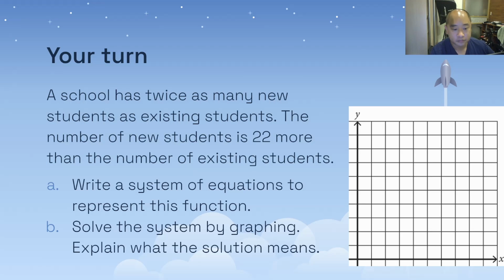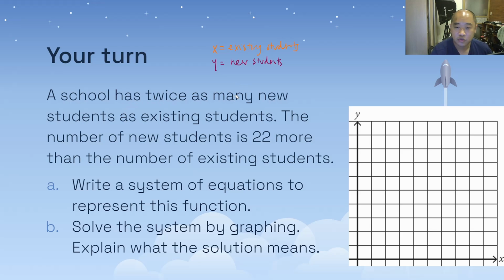Okay, your turn. How long has this gone? 11 minutes, holy cow. A school has twice as many new students as existing students. So we have, let's make X existing students. I'm going to change color because I don't like that color. And then we'll say Y is new students.